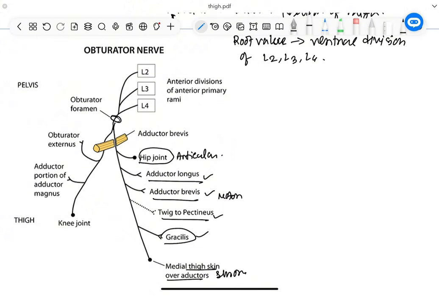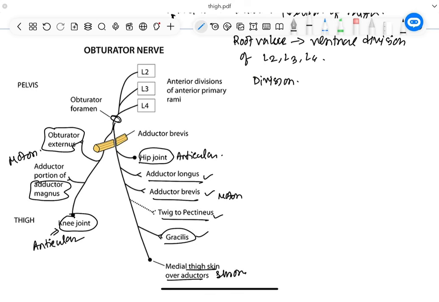If we see, the posterior division also supplies the following muscles: obturator externus, then the adductor portion of the adductor magnus. Again, it also has an articular branch to supply the knee joint. So, these are the articular branch, these are the motor branches. If we summarize, the obturator nerve has two divisions, anterior and posterior. Anterior has three types of branch.